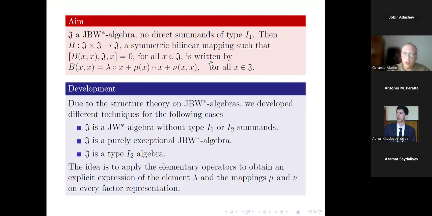We want to prove whether B can be written in the following way, where, as before, lambda is a central element, mu is a linear map from the algebra to the center of the algebra, and nu is a bilinear symmetric mapping.